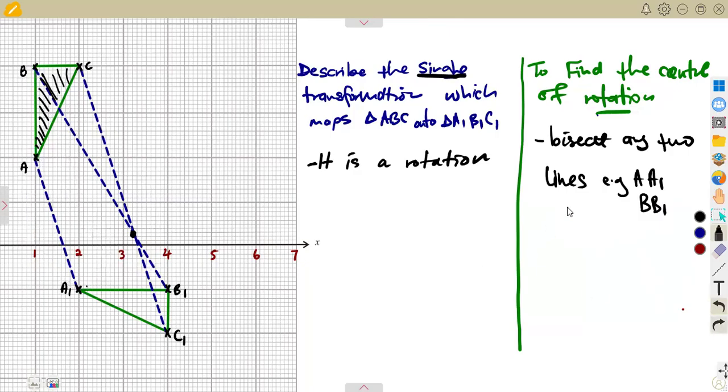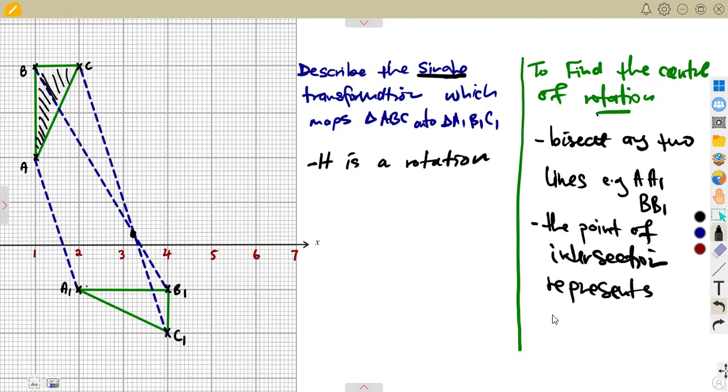After bisecting these two lines, the point of intersection is your center. The point of intersection represents the center of rotation.